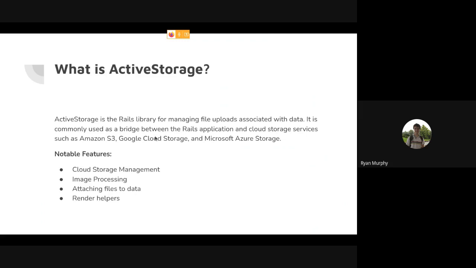So what is ActiveStorage? ActiveStorage is a built-in Ruby on Rails system for managing files. Specifically, it handles file processing, but its main thing is being able to associate files with data.